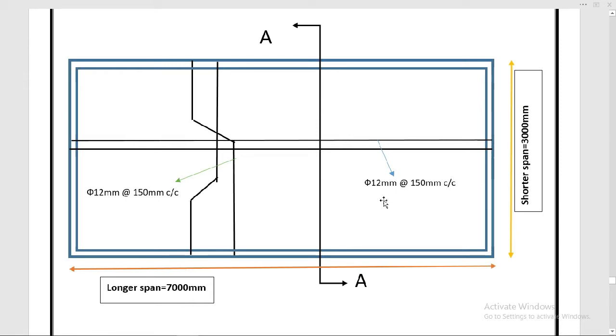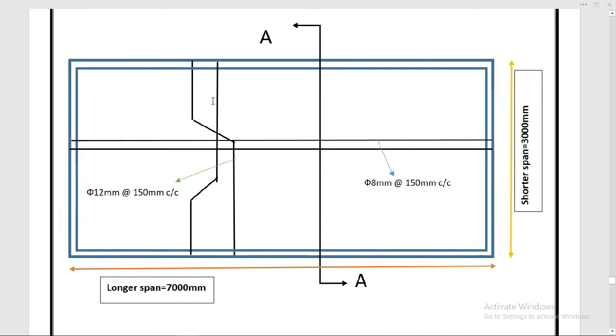Here you can see the distribution bar dia is 12 millimeter and center to center spacing is 150 millimeter. Sorry, here our distribution bar dia is 8 millimeter and the space between the distribution bars center to center is 150 millimeter, and the main reinforcement bars have 12 millimeter dia and the spacing between the main bars is 150 millimeter center to center.